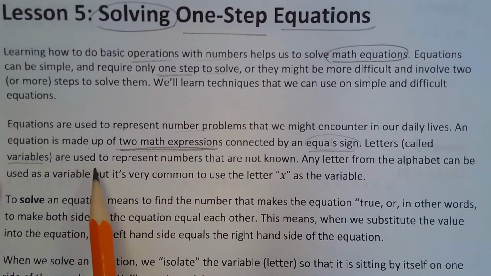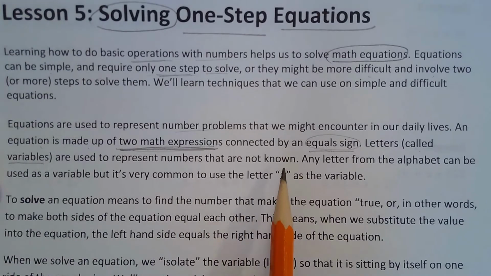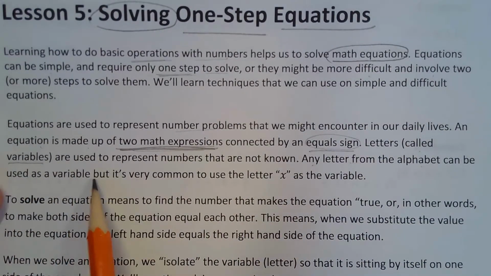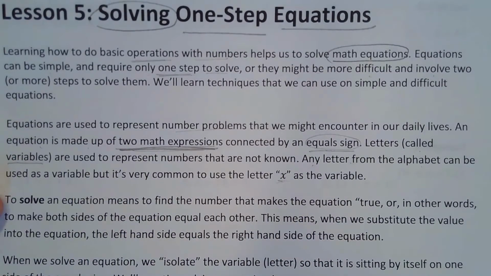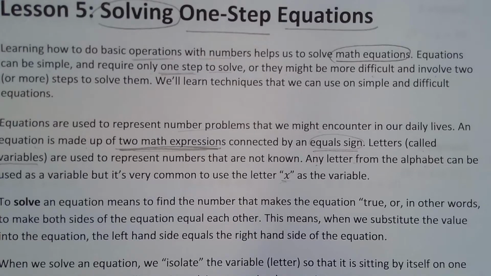Variables are used to represent the numbers that are not known. Any letter from the alphabet can be used as a variable, but it's very common that we use x. In the first few examples that I did at the beginning, I just put x, right? It could be m, it could be y, it could be a, but x is usually the case.